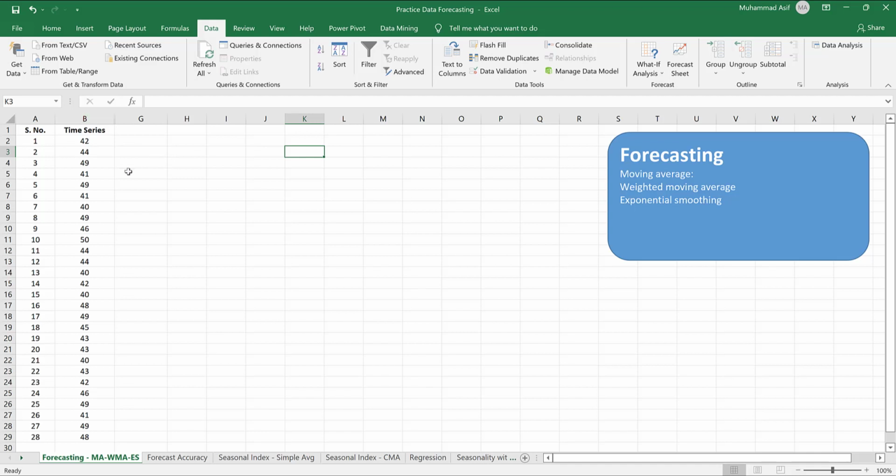This is our time series, and let's say if I have to calculate 3-period moving average, and for 3-period moving average I will write my answer in front of the fourth one because it's a forecast for the future.